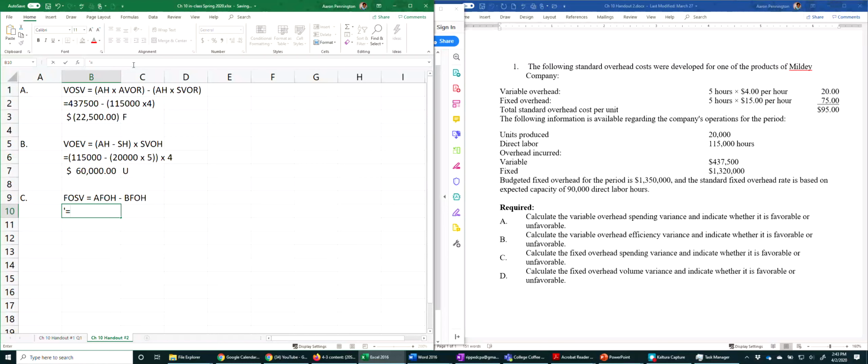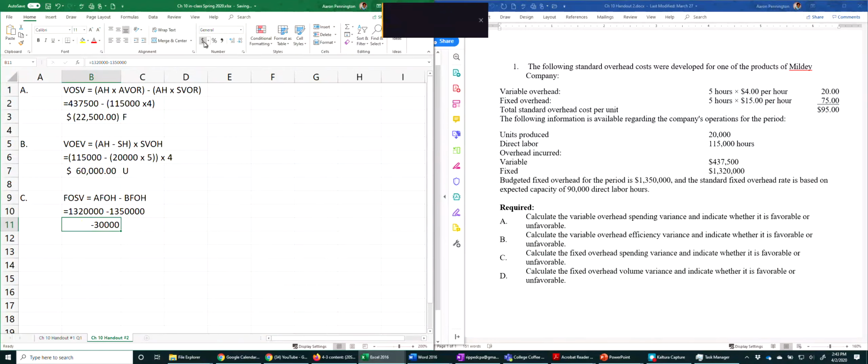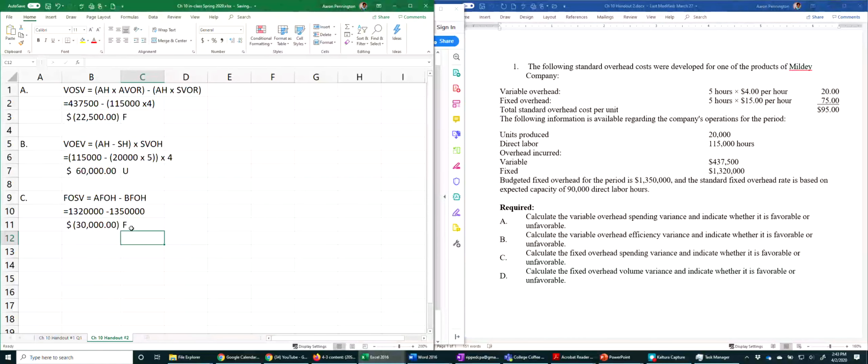Your actual 1.32 million less budgeted 1.35 million. And so we have a negative number, which equates to a favorable variance. So $30,000 favorable. You spent $30,000 less than the budget indicated.